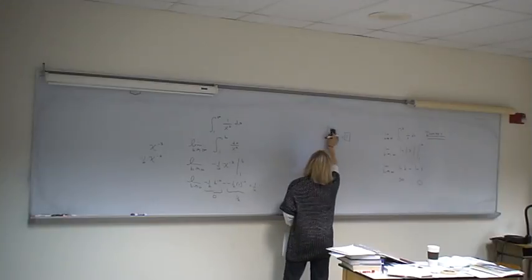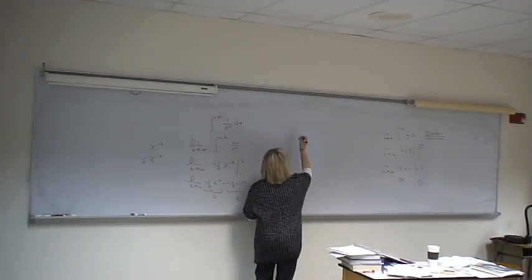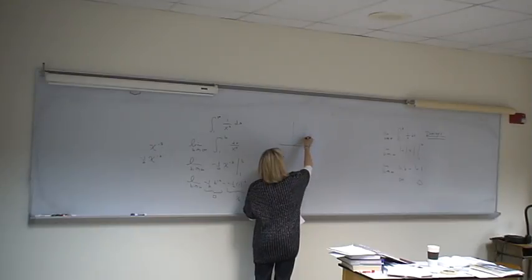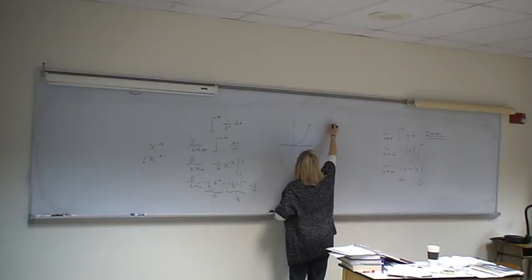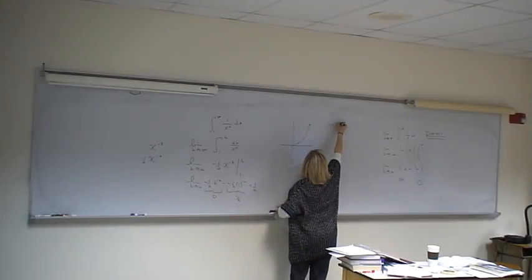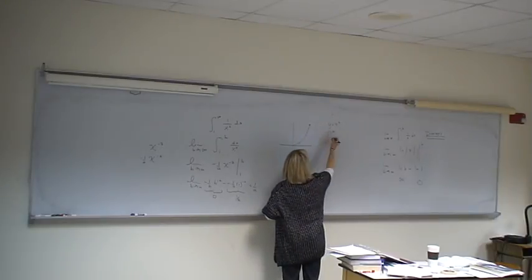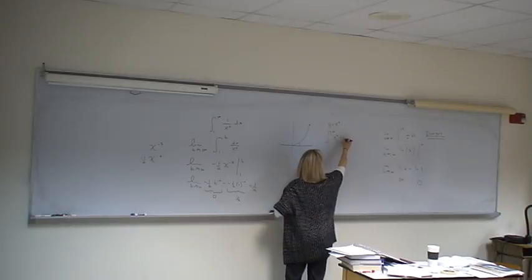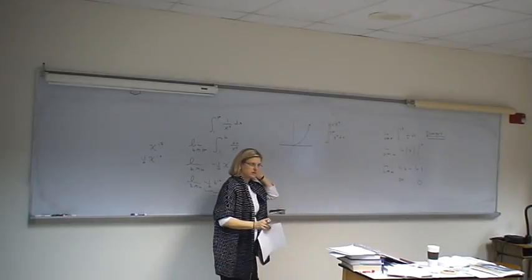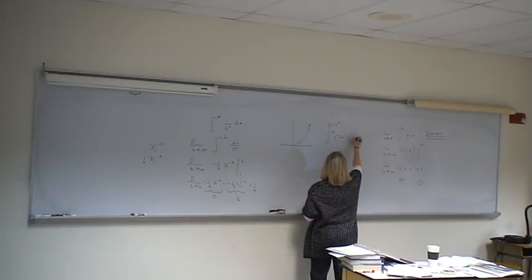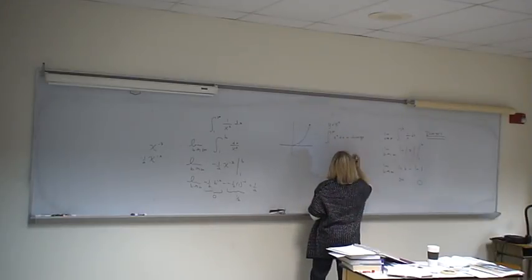Certainly, if I had y equals x squared, or the integral from 1 to infinity of x squared, would that converge or diverge? Diverge, certainly, that area is so infinite, right? Diverge.